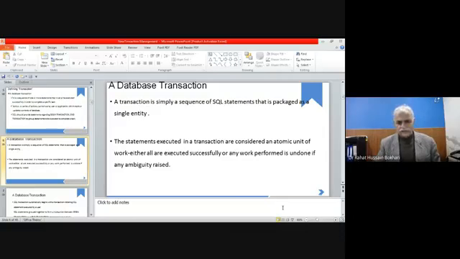Whether it is successfully executed or the work performed is undone, if it is not successfully carried out, then in the end we have to roll back. So an action or a number of actions may be considered as a logical unit, a single unit, and that is a transaction.